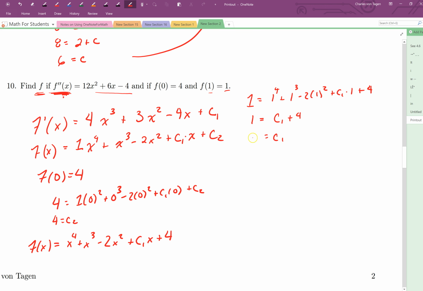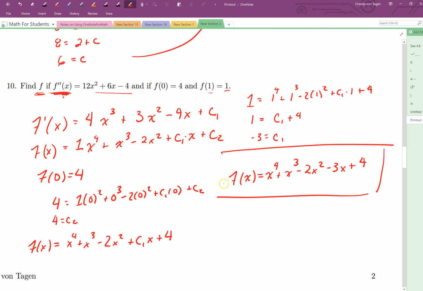So we get c1 is equal to minus 3. So at long last, we're done with this problem. We know that the function that has this as its second derivative and passes through these 2 ordered pairs is the function x to the fourth plus x cubed minus 2x squared minus 3x plus 4.